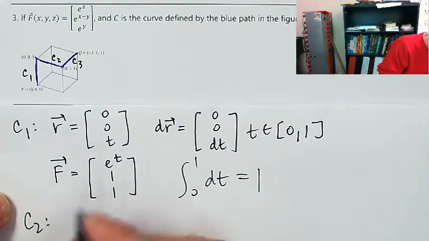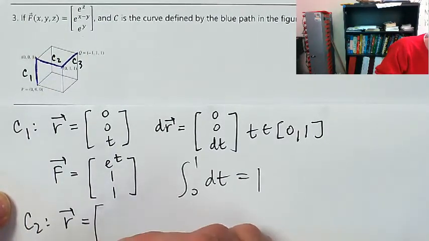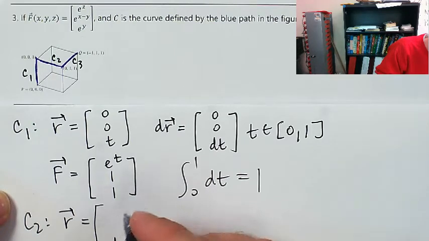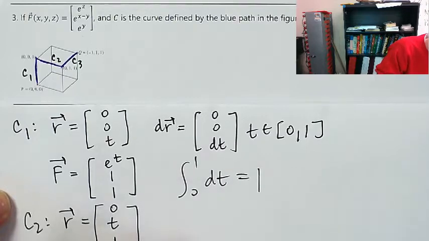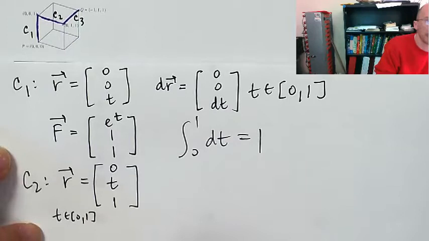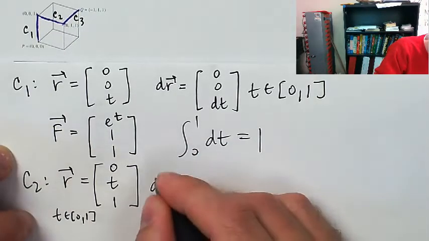On C2, okay, z is 1 the whole time. X is going to be 0 the whole time, and y is running from 0 to 1, so we'll let y be t, t running from 0 to 1.